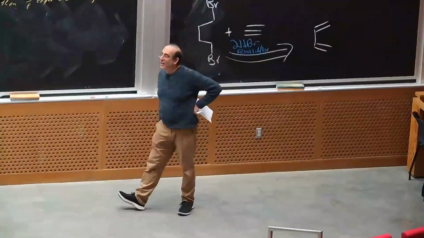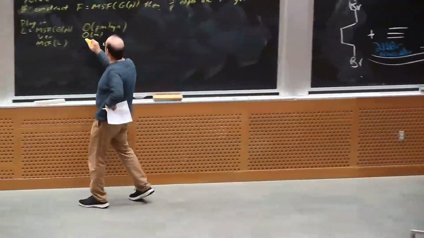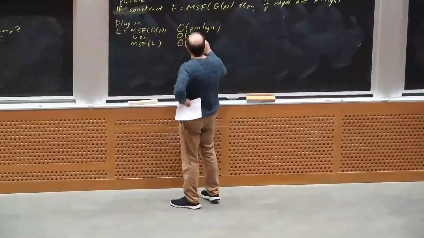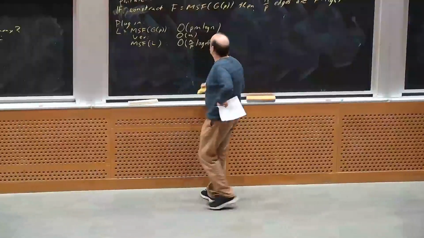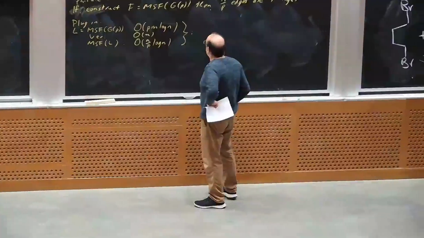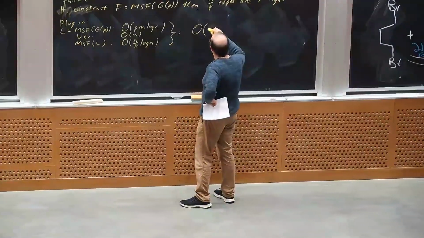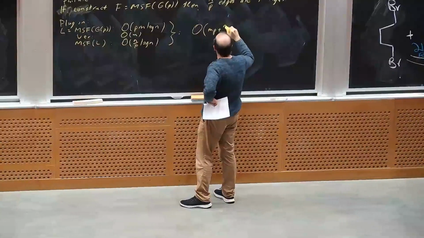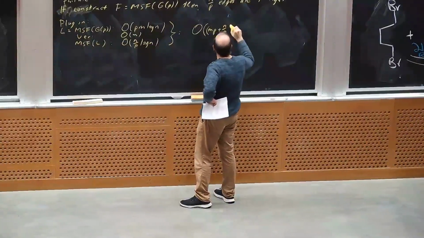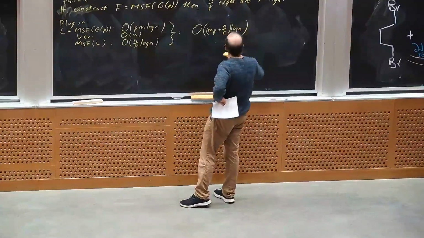Exactly. So we put these together, and we get a runtime of order mp plus n over p log n.